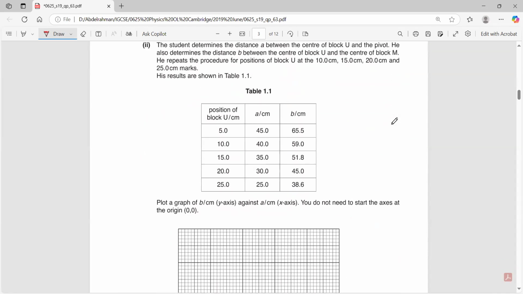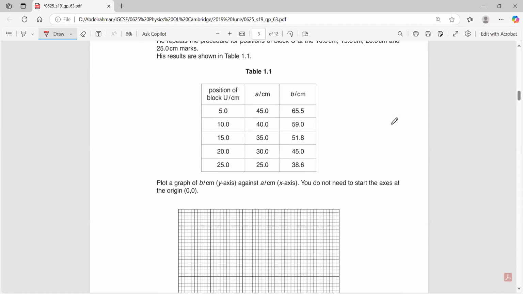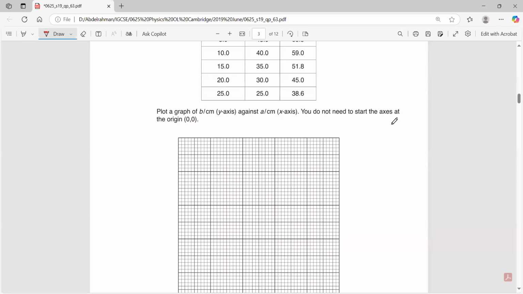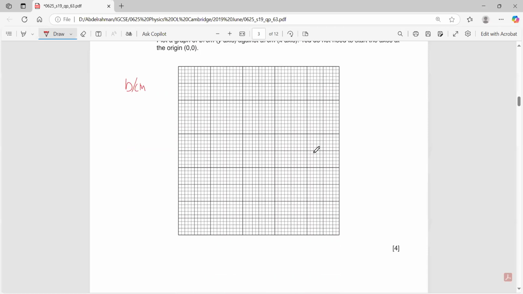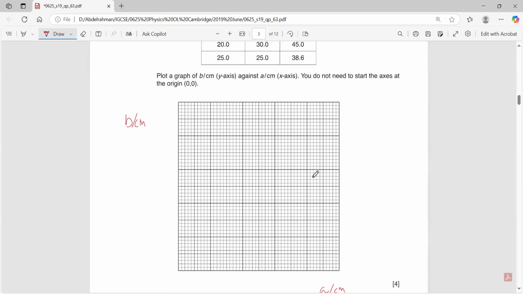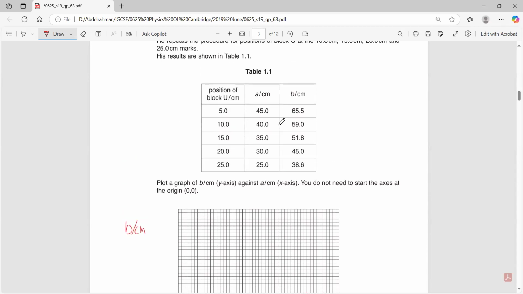In part II, we have a table and we need to plot the graph of B on the y-axis and A on the x-axis. You do not need to start the axes from the origin, which is even better. Let's start.